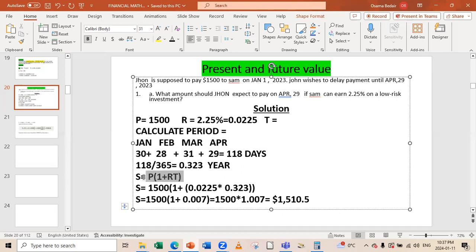Then the formula of the future value: S will equal P multiplied by 1 plus RT. Then the future value will be 1,500, then 1 is constant in the formula.